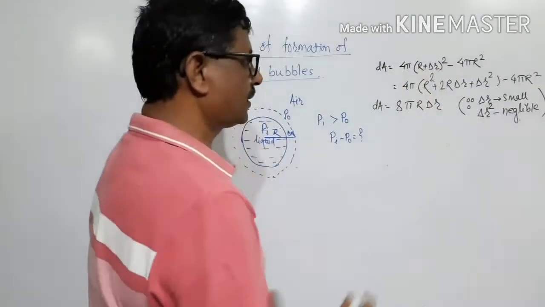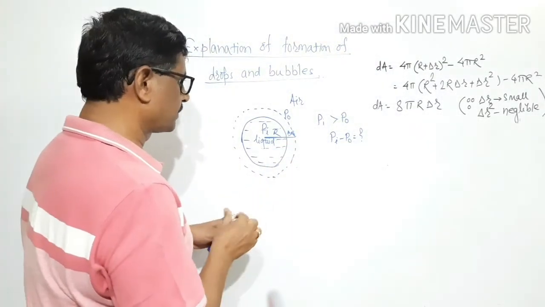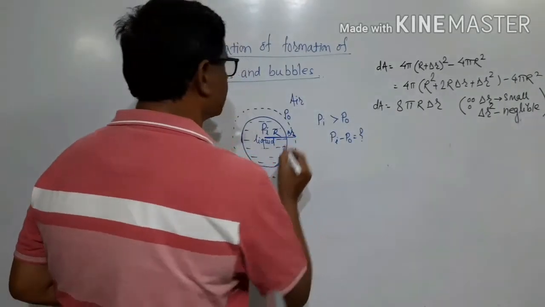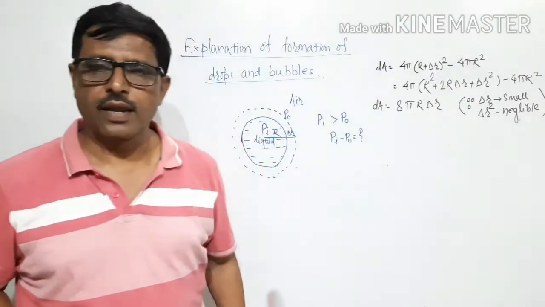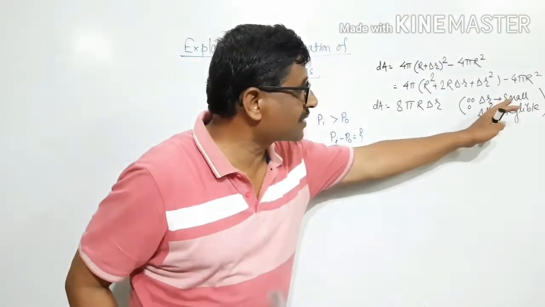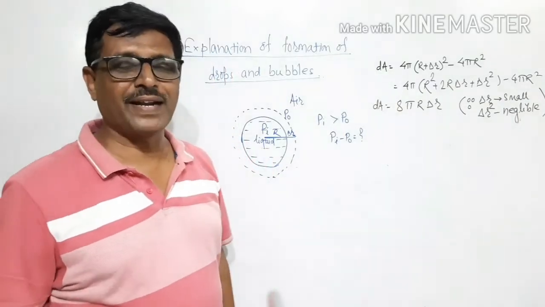We ignore that. We will ignore delta R square as delta R is small as compared to the capital R radius.